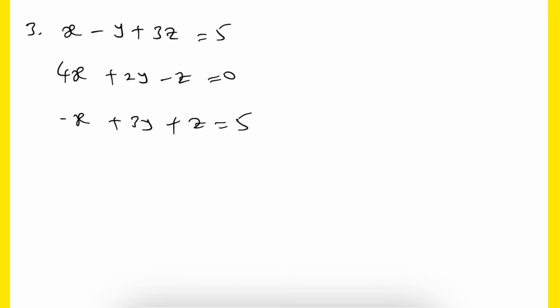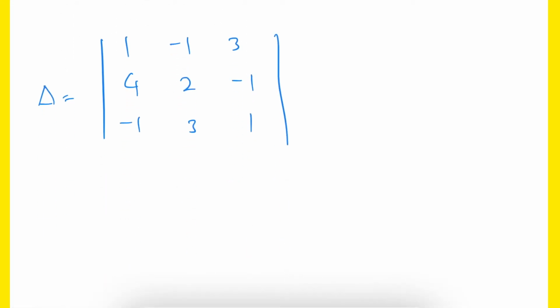Okay, question number 3. From the given three equations, let us write the delta first. We'll find the determinant: x coefficient, y coefficient, z coefficient of the first equation, and the x, y and z coefficients of the second equation. Same with the third equation also. Let us find the determinant: plus minus plus.